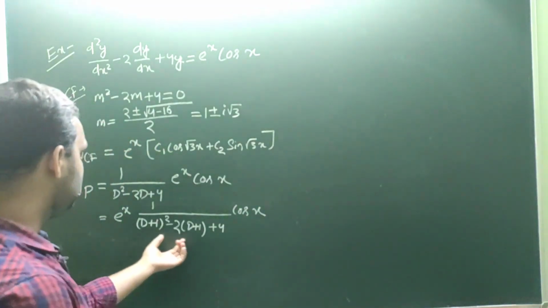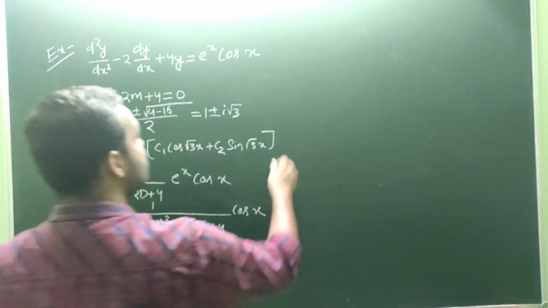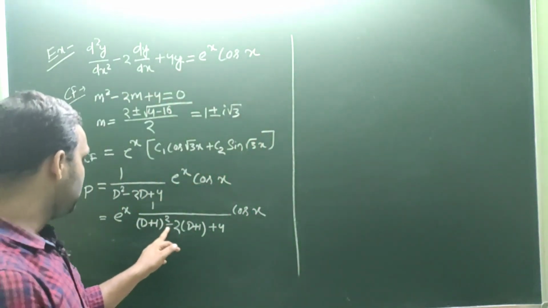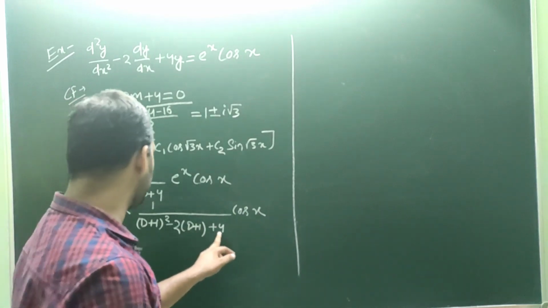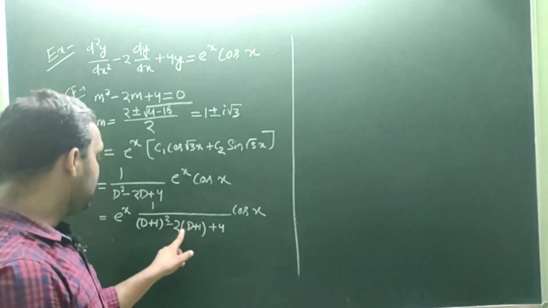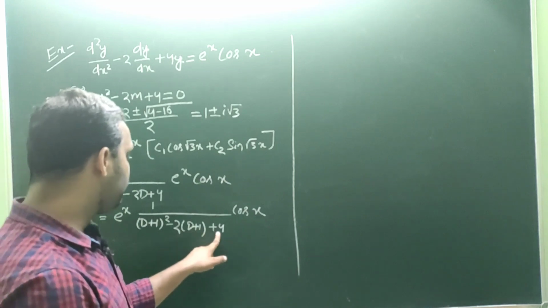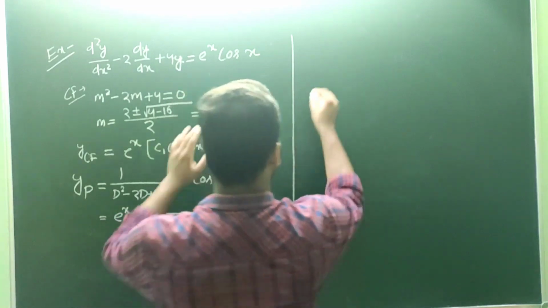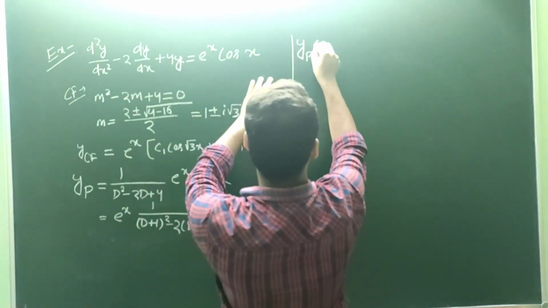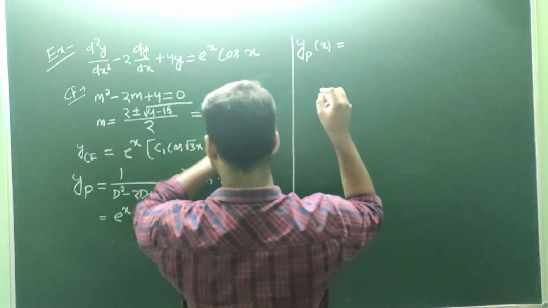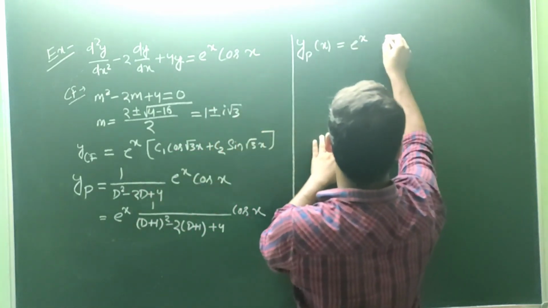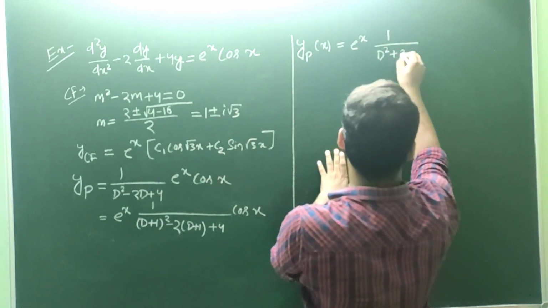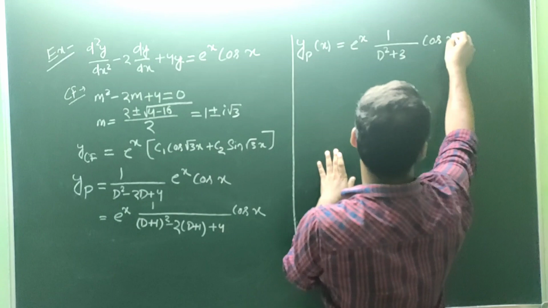Right? So you can just simplify all these things. By simplifying, we can write this as d square plus 2d plus 1 minus 2d minus 2 plus 4. So 2d will be cancelled, and here minus 2 is there, plus 4 is there. So this will be plus 2, and plus 1 here, so plus 3. So finally you will get yp of x is equal to e to the power x, 1 by d square plus 3, into cos x.